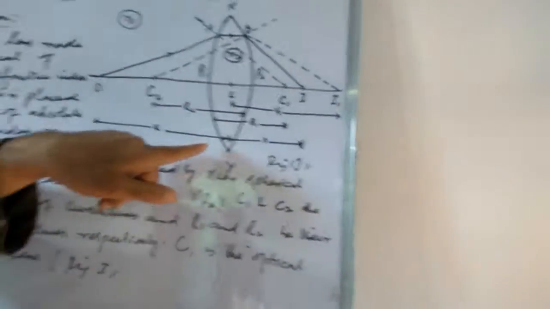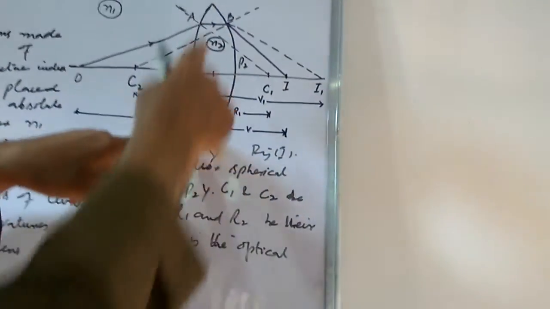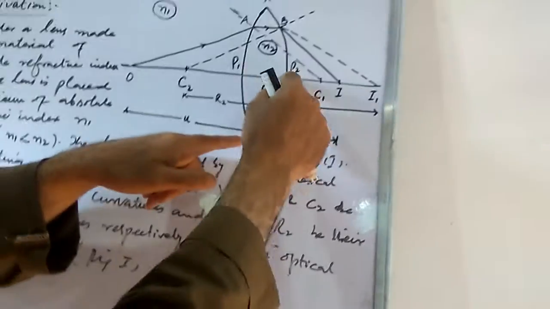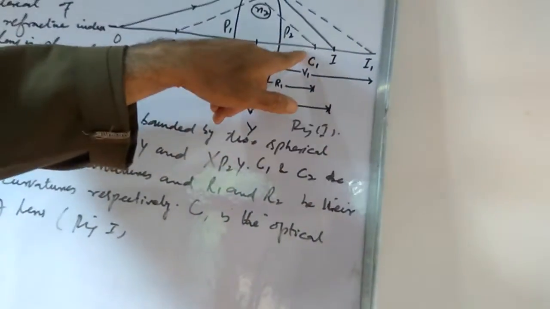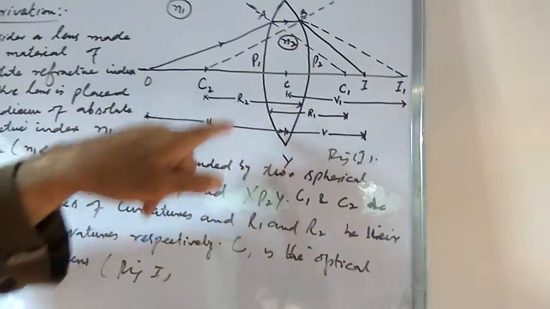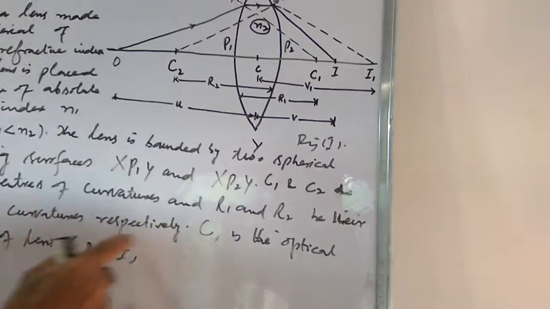The lens has two spherical refracting surfaces, the first XP1Y and the second XP2Y. C1 and C2 are the centers of curvature, R1 and R2 are the radii of curvature respectively, and C is the optical center of the lens.